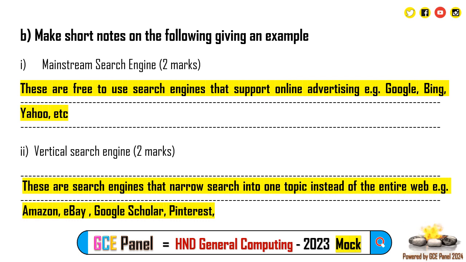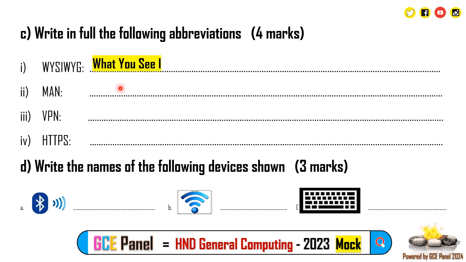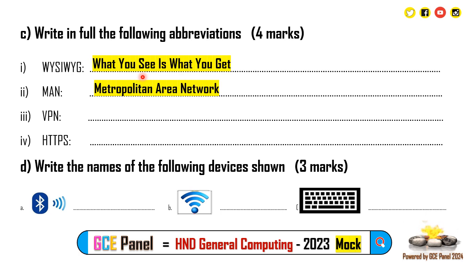Next part of the question. The next part of the question reads, write in full the following abbreviations. That's the C part. WYSIWYG. The first one is, what you see is what you get. MAN is Metropolitan Area Network.